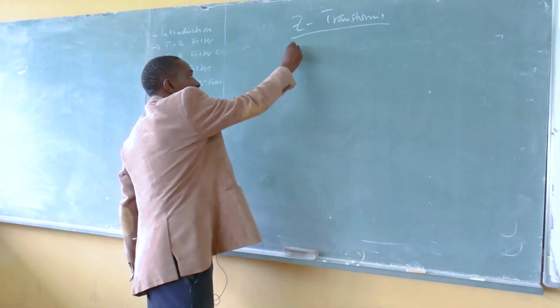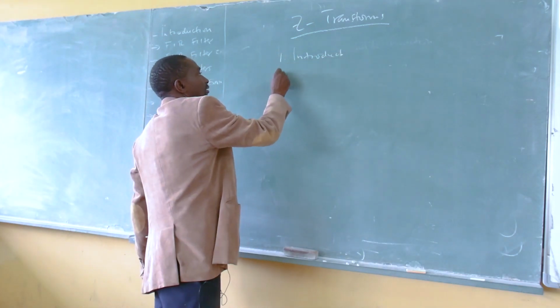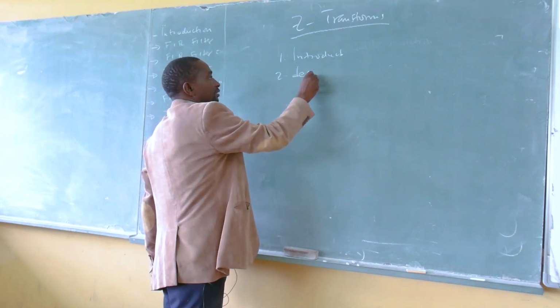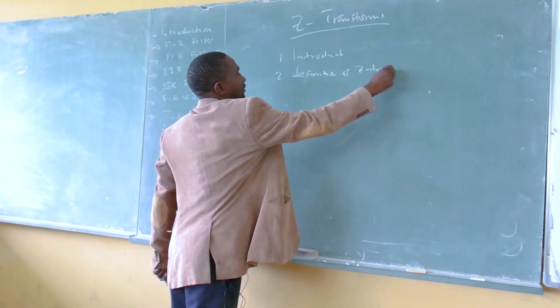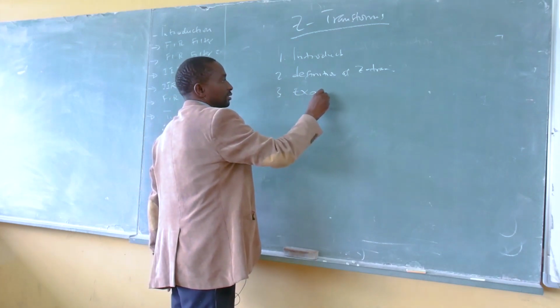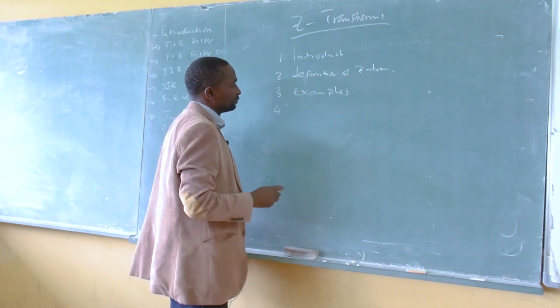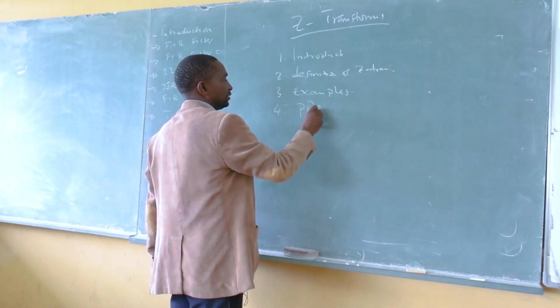I'll give a brief introduction, and then I'll talk about the definition of Z transforms. Thirdly, I'll give examples, and then we'll also look at poles and zeros.